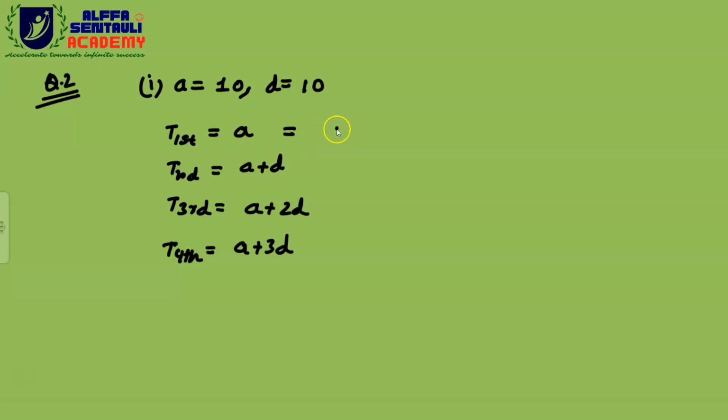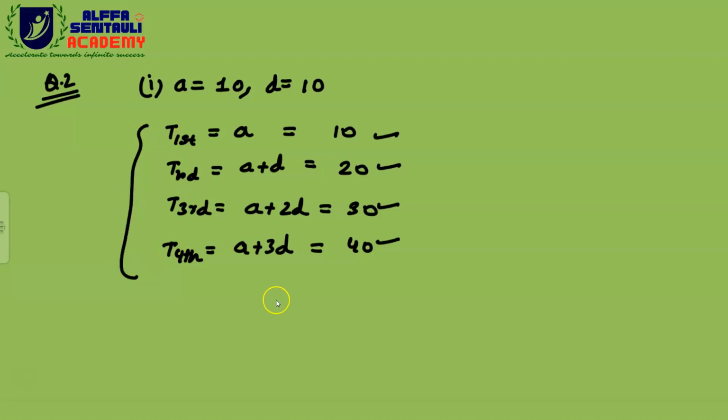So if you add, this is 10. 10 plus 10 is what, beta? 20. Then 10 plus 20 is what? 30. Then 10 plus 30 is what? 40. So this is your answer. Understood? Now let's move to the second part. I guess, beta, you can solve this on your own.